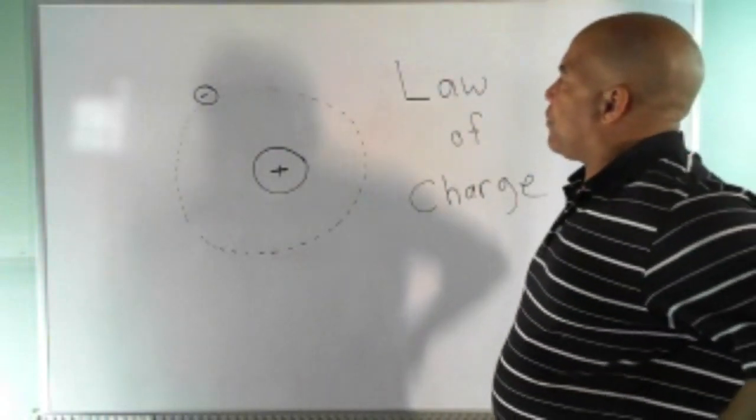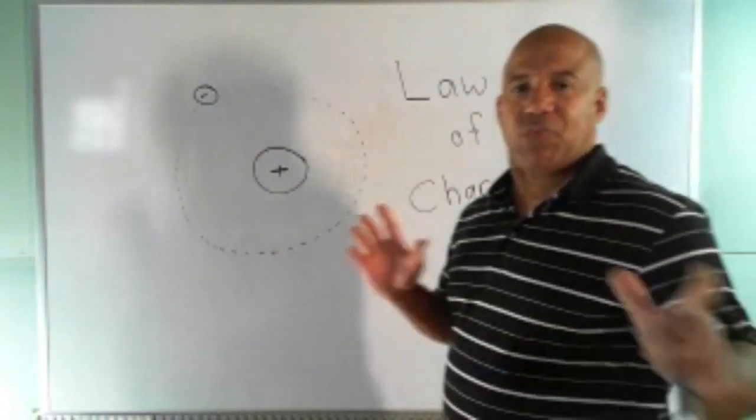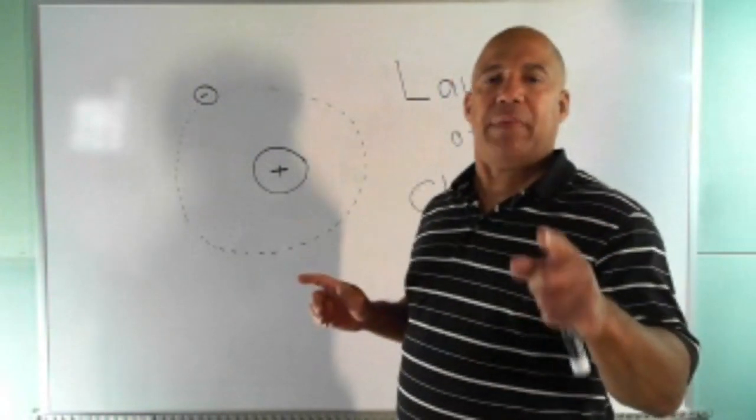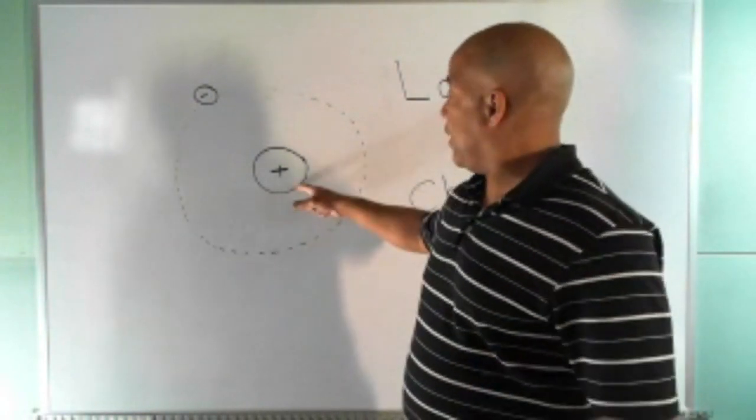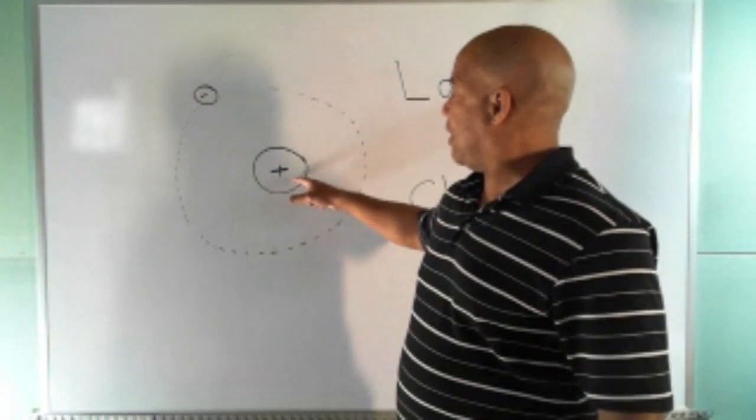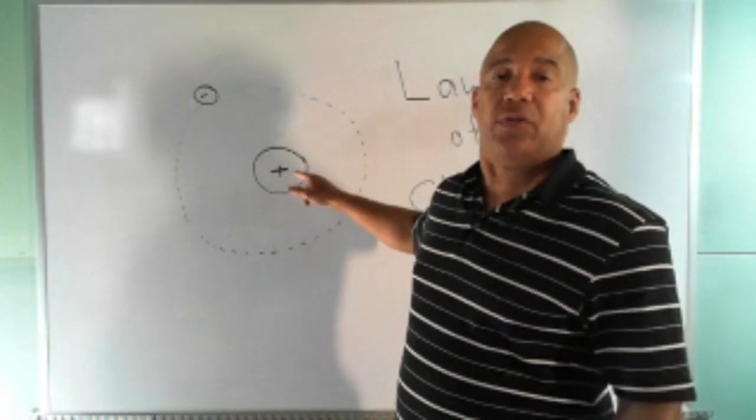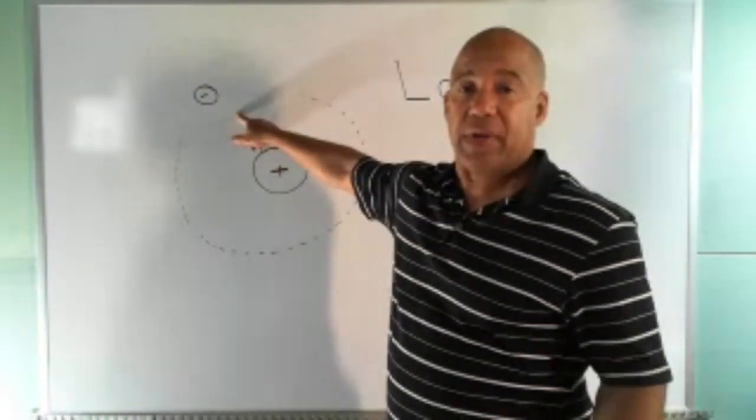Now, let's talk about just relative sizes. I already mentioned to you that the proton is approximately 2,000 times more massive than the electron.